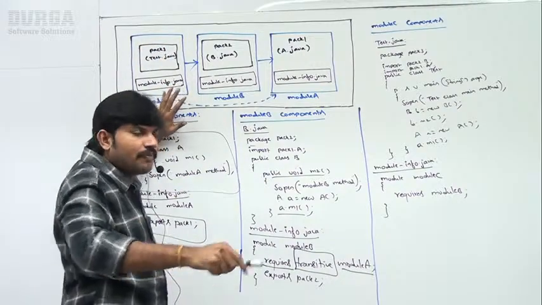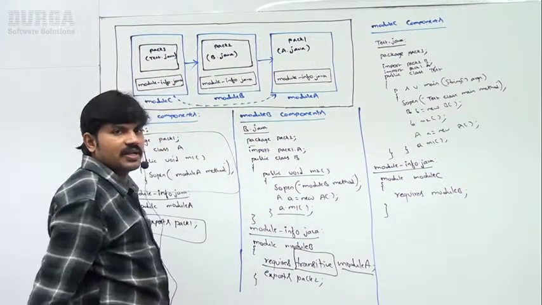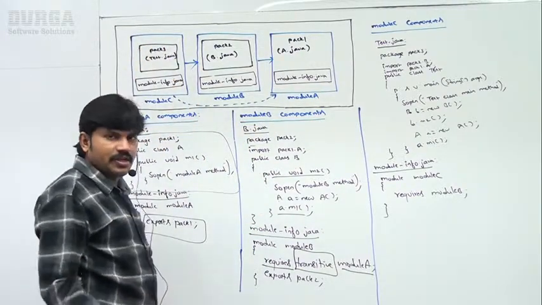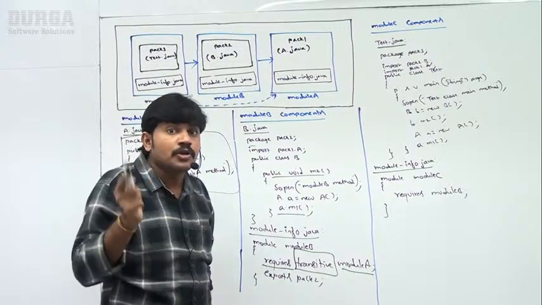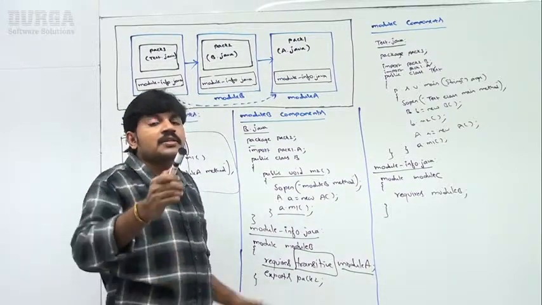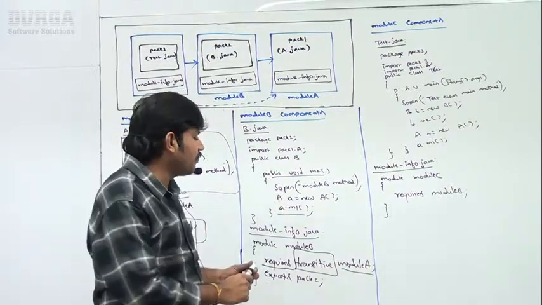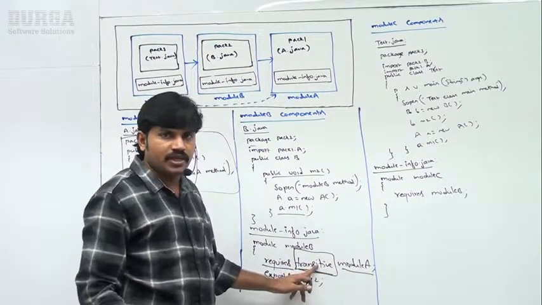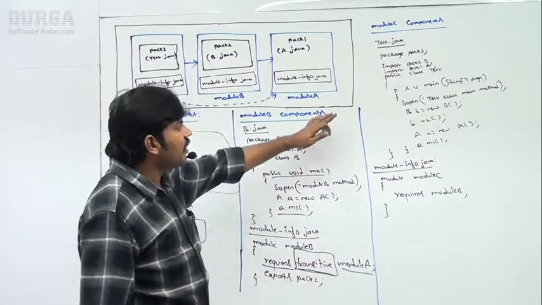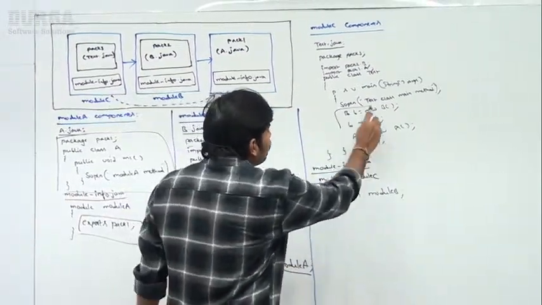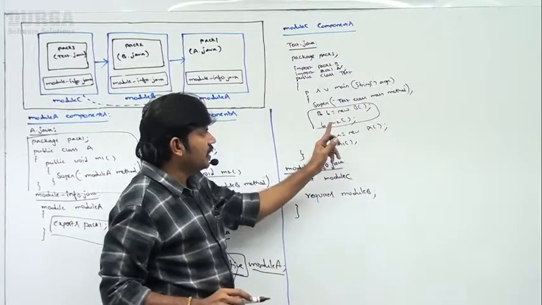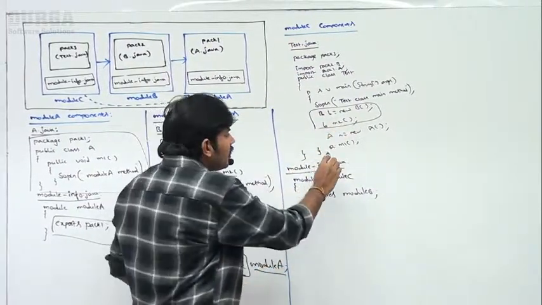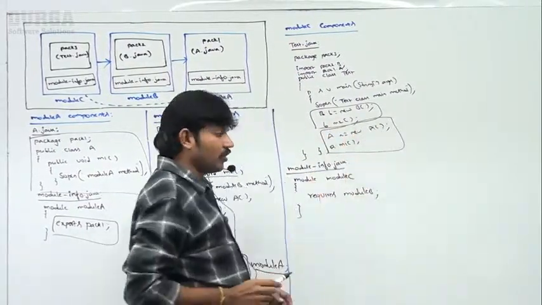Because of transitive dependency, A is also available. That's why, sir, inside module C, you can use A functionality and you can use B functionality. Sir, how is A functionality available? Because of the transitive keyword. Are you able to understand, right? Now observe this. Here, inside module C, I'm using B functionality, and I'm using A functionality also.